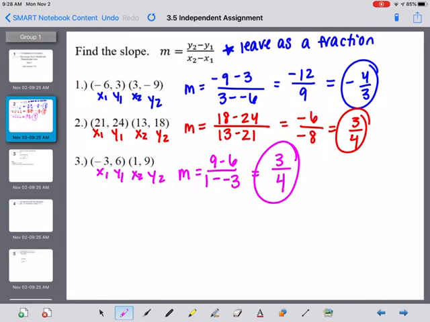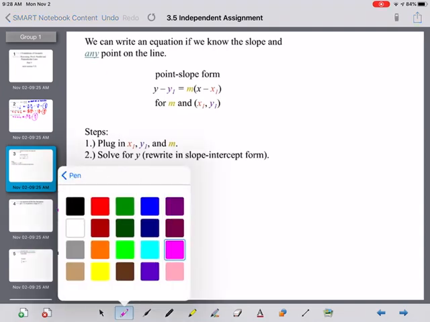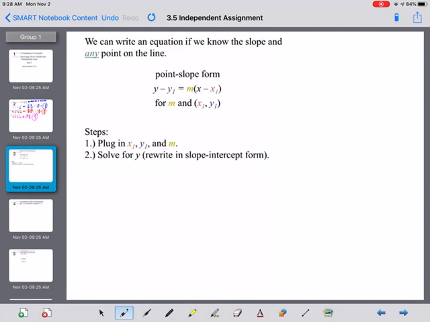All right, so now we're going to discuss how to write the equation of a line. And we can write an equation if we know the slope and any point that lies on the line. So we have a couple of different ways to do this. I prefer to use point slope form, which is y minus y1 equals m times x minus x1. Now, all of these values are going to have numbers subbed in.